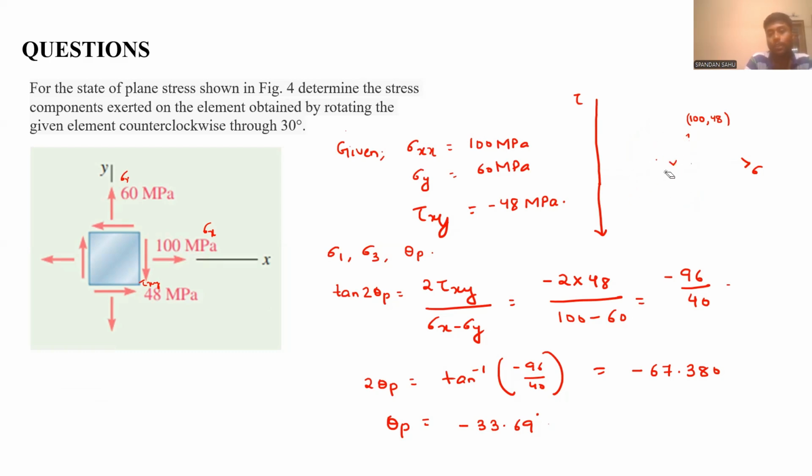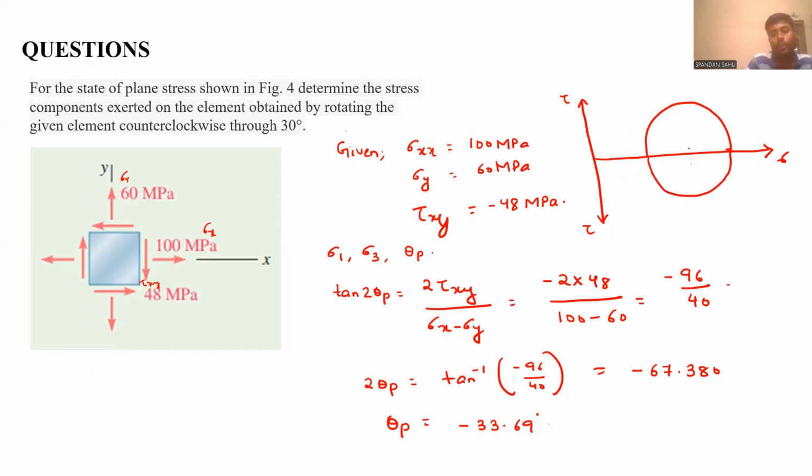Let us draw it in a bigger manner because everything will otherwise get congested. This is tau, this is sigma. The center is at 80, and we already have these two points: 60 and 100.